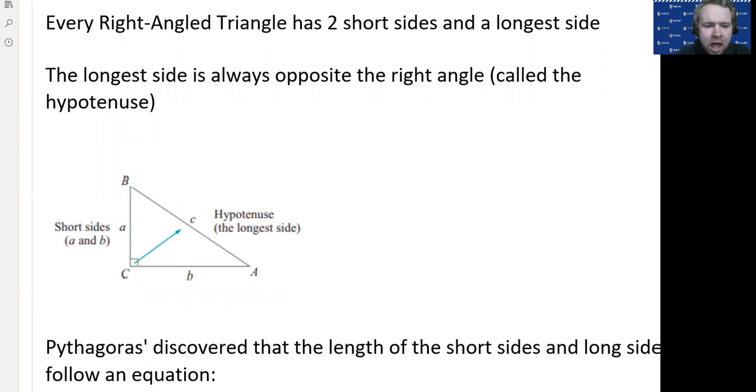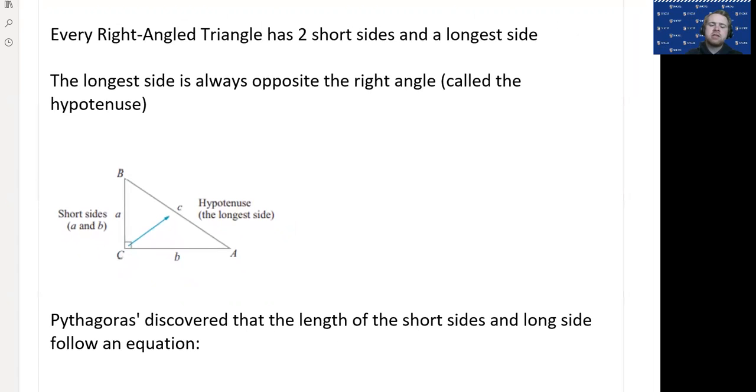A and B are the two short sides, with a right angle in between them. Opposite, which means across from, that right angle is the hypotenuse, the longest side of the triangle. We've labeled the short sides A and B, and the hypotenuse C.